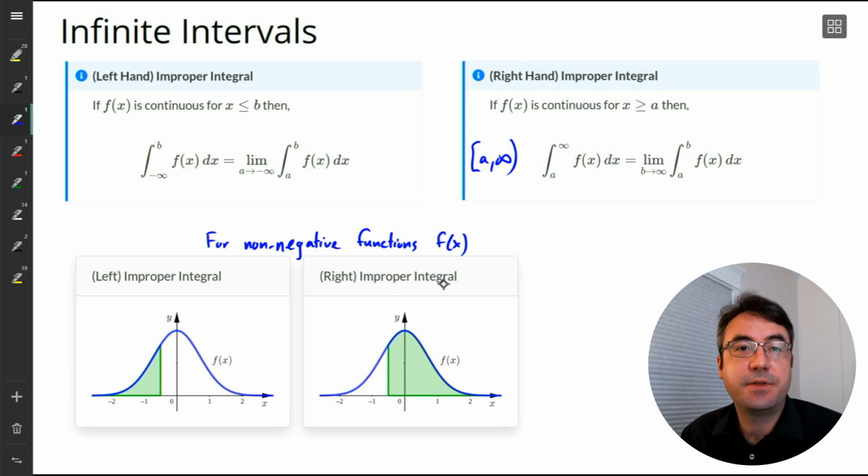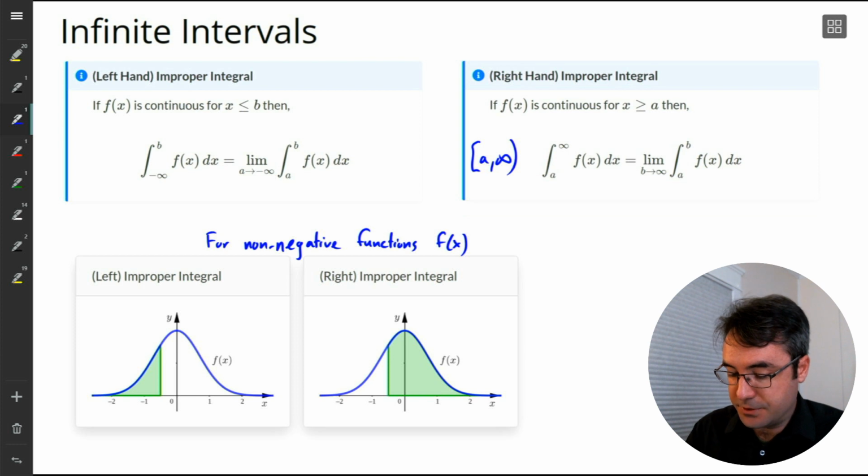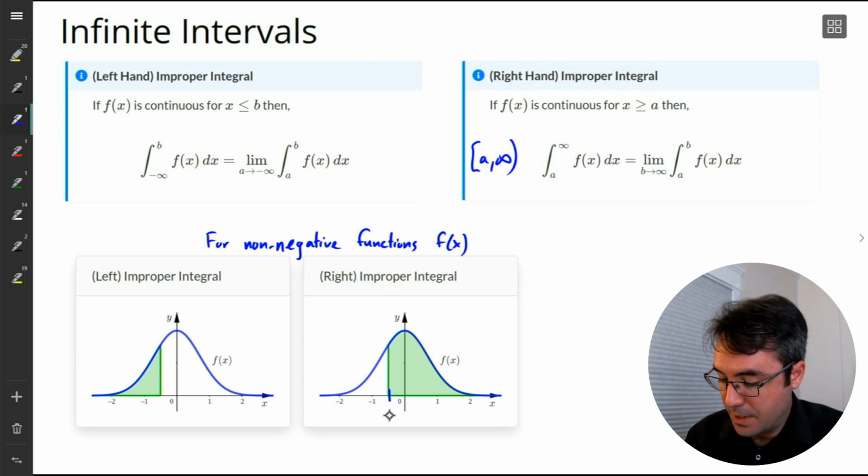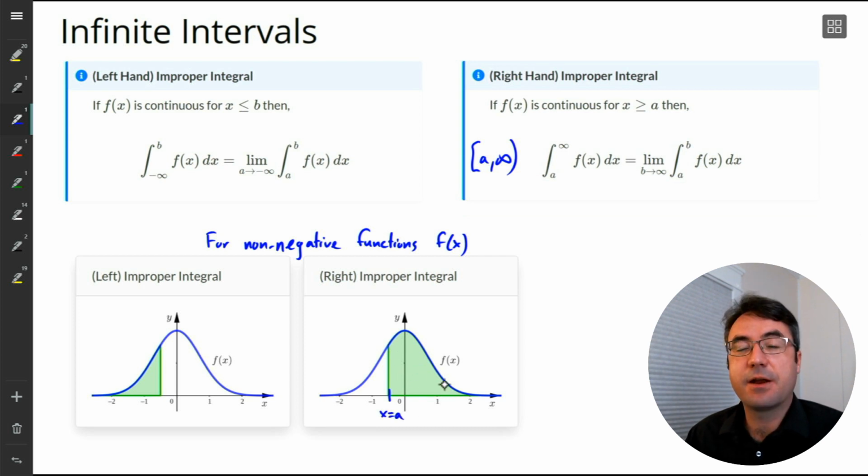So in the case of these right-hand improper integrals that we looked at last time, it was starting at, say, x equals a, and from then on we found the area for that shaded region that starts at x equals a, is under our curve, and extends infinitely far to the right.